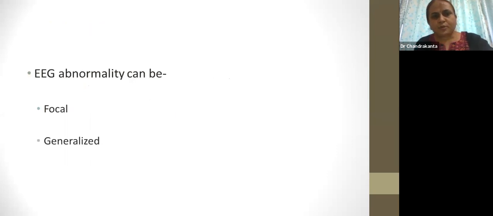So EEG abnormalities can be focal or generalized. Focal means that the findings are restricted to a particular area of the brain, and generalized means the findings are present on both sides, left and right hemispheres, and from anterior to posterior part.